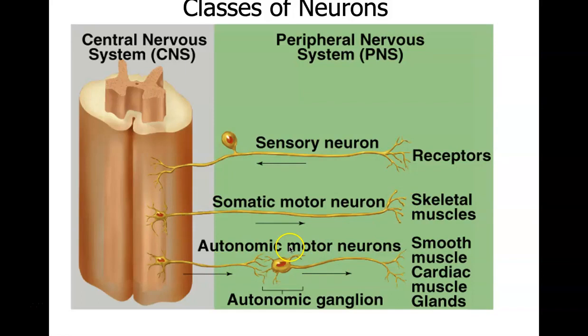Autonomic motor neurons, things that are controlling smooth muscle, cardiac muscle, glands, have this also outward flow of information from the CNS to the PNS, but they tend to have ganglia in between. And ganglia are just groups of neurons that are outside the central nervous system.